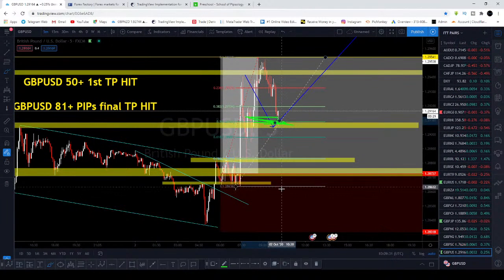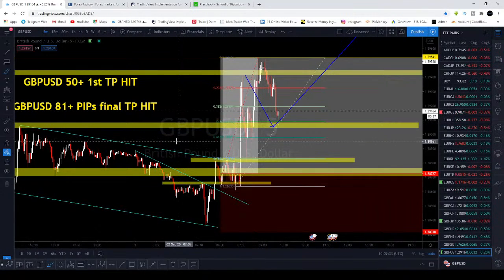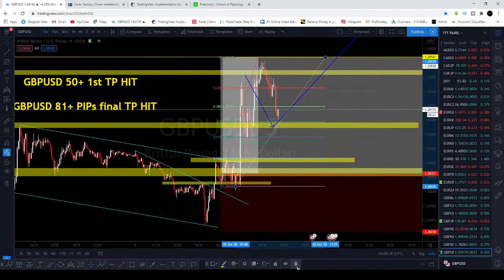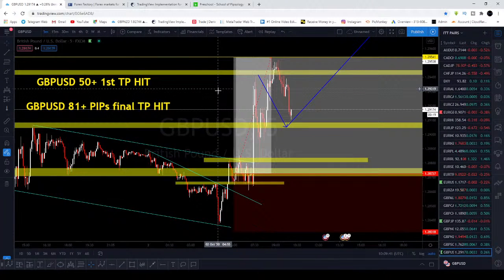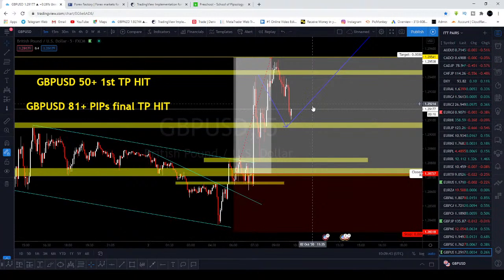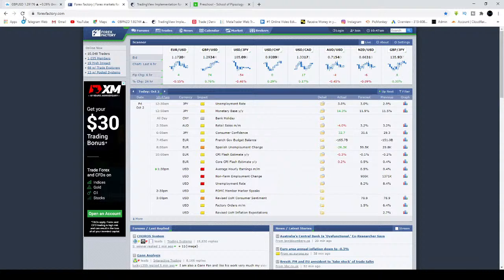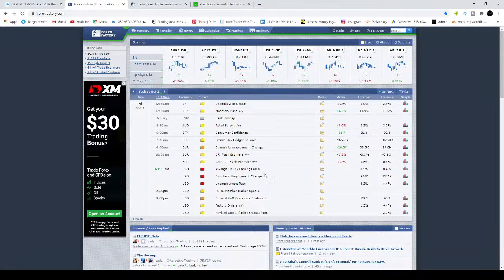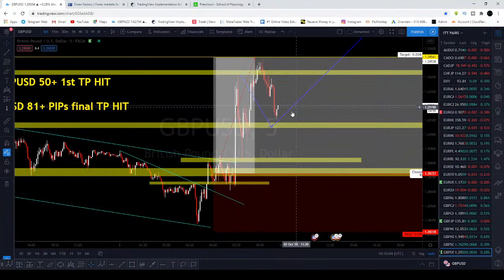I'm not buying it. Come on, NFP. Remember, 2 hours 20 minutes for NFP, man. As you can see, it's reacting to the 50% fib retracement.